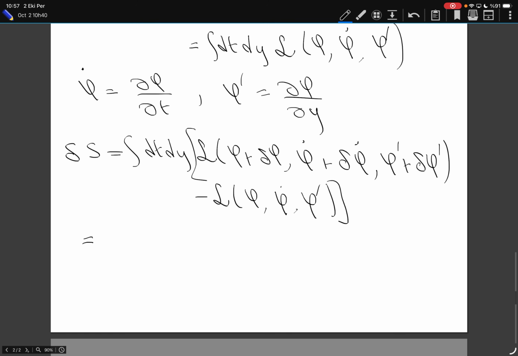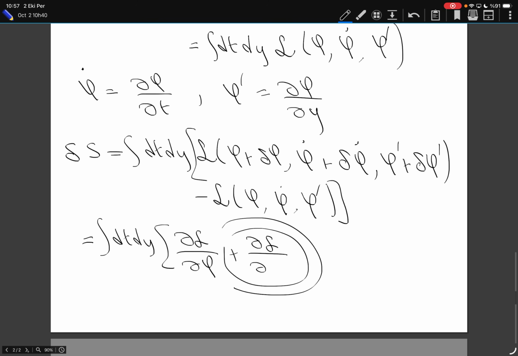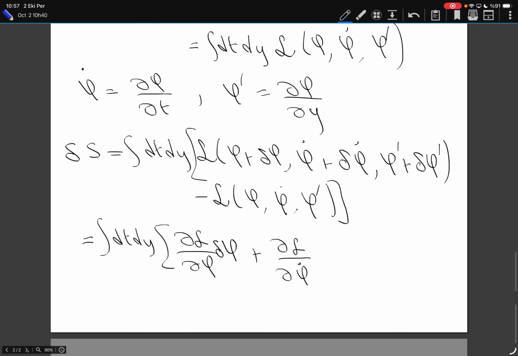If I assume that to be small, this will give me the derivative of the Lagrangian density with respect to phi times delta phi, plus the derivative of the Lagrangian density with respect to phi dot times the variation of phi dot, plus the derivative with respect to phi prime times the variation of phi prime.